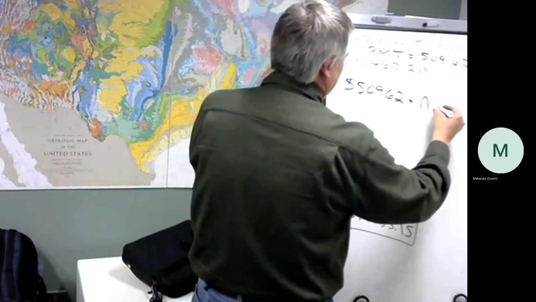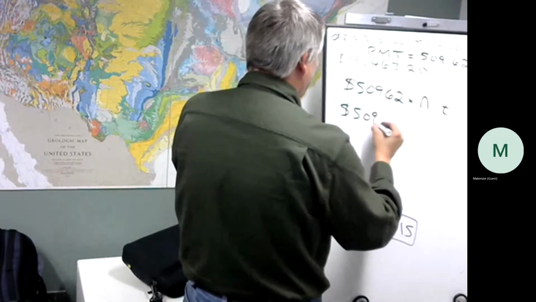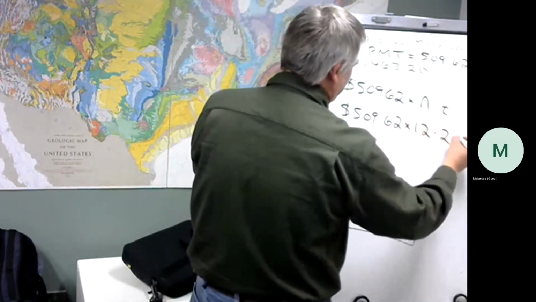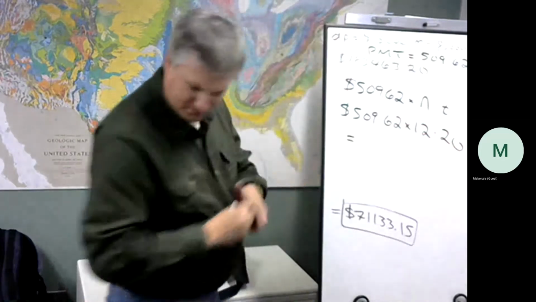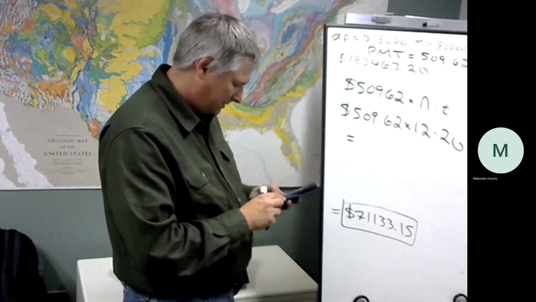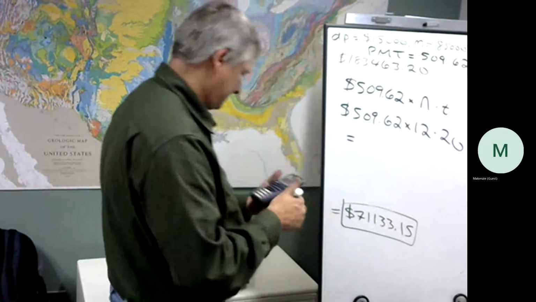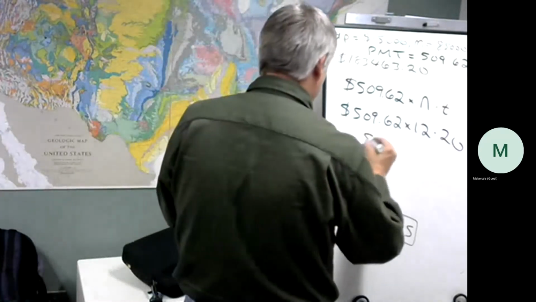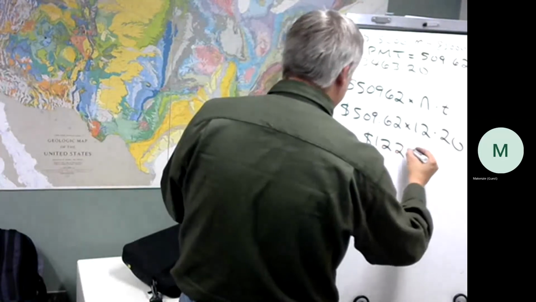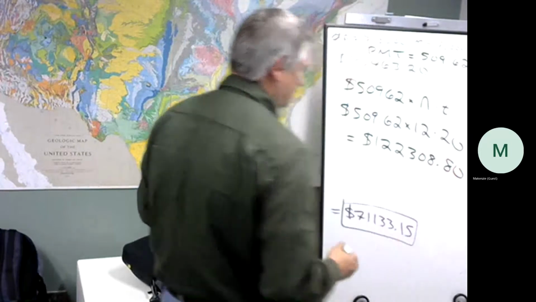So in that remaining 20 years, we would have had to pay $509.62 times 12 times 20. And so that comes out to, wow, $122,308.80.